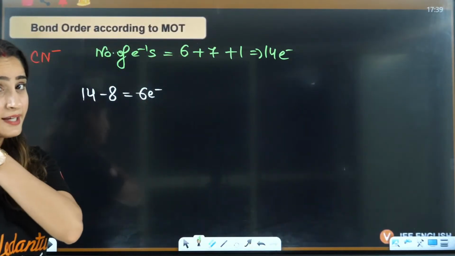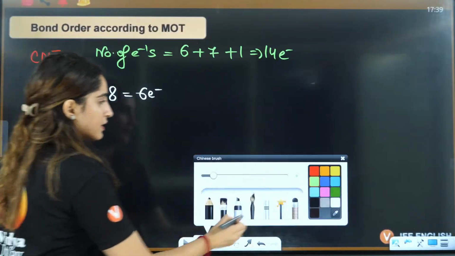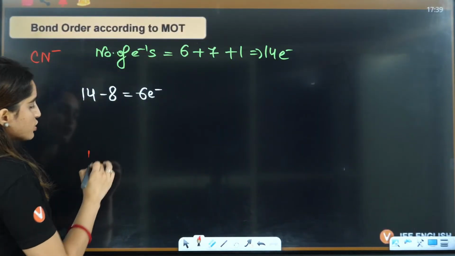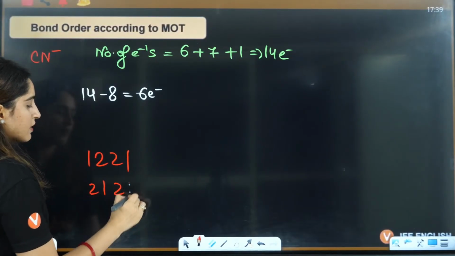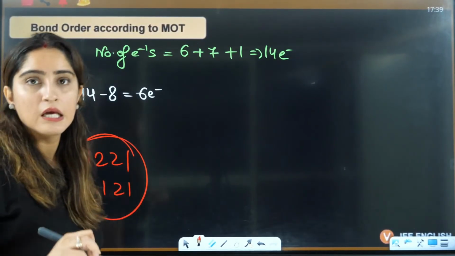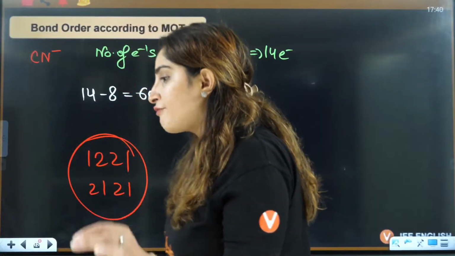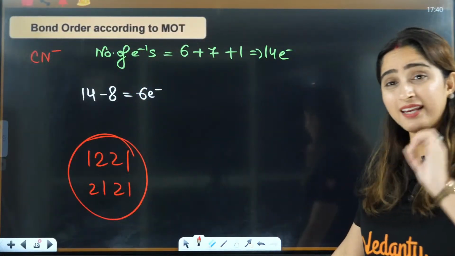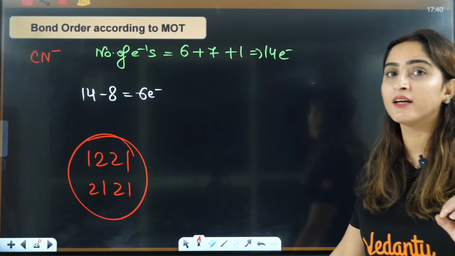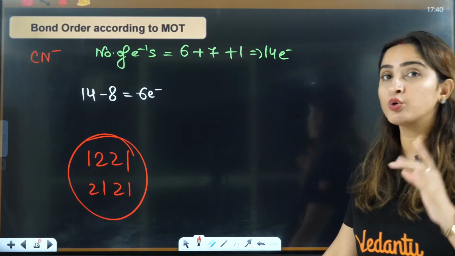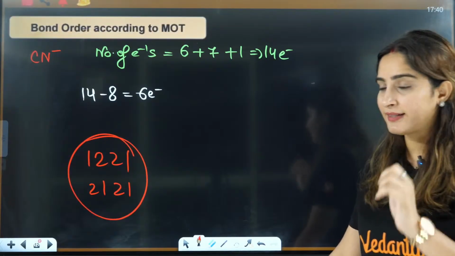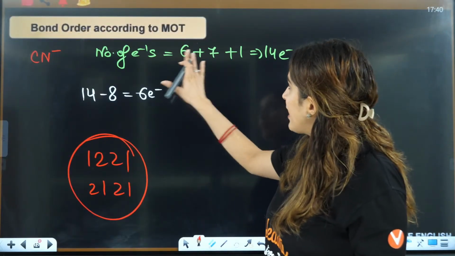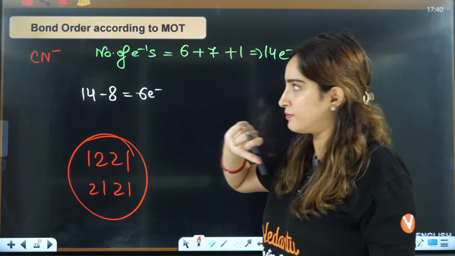Now see one thing. Whether we need to use 1 2 2 1 or 2 1 2 1, that is a major question. Whenever you are deciding in an ion which one to use, you need to see how many electrons it had in the neutral state, when I don't add the electron.